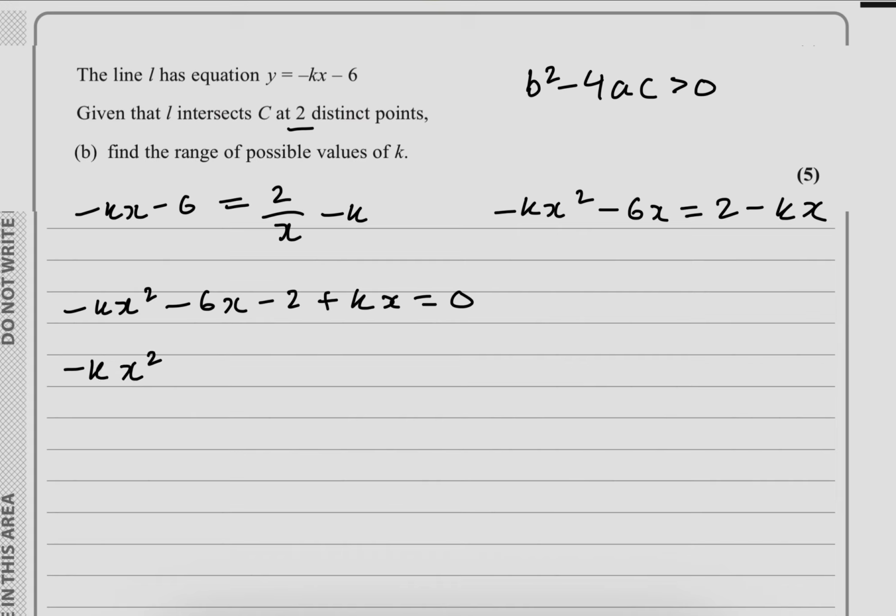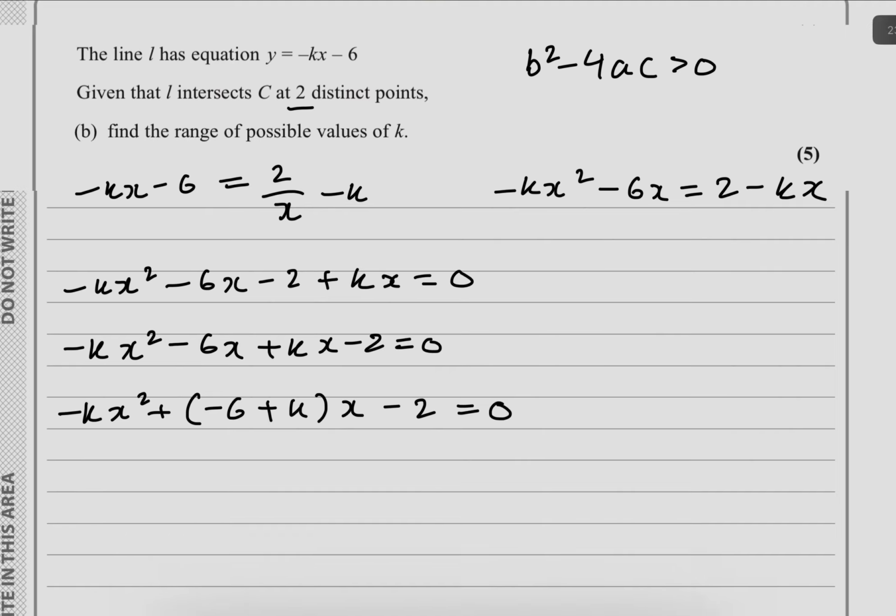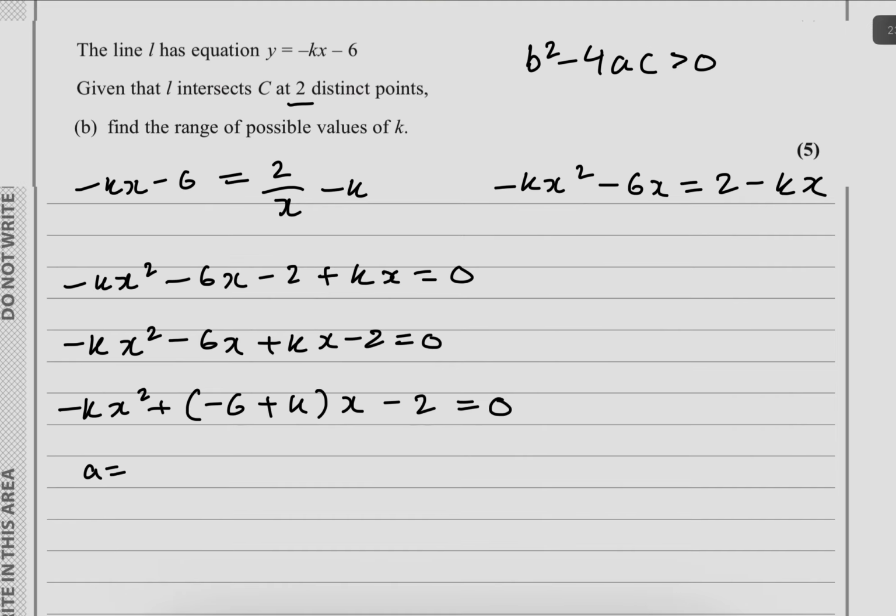Minus kx squared minus 6x plus kx minus 2. Just going to rewrite that: minus kx squared plus k minus 6 x minus 2 is equal to 0. Now we have a quadratic, so we can see that our a is minus k, our b is k minus 6, and our c is minus 2.